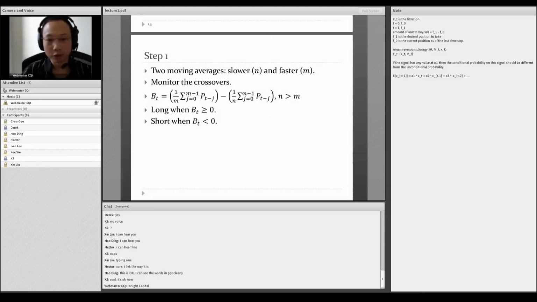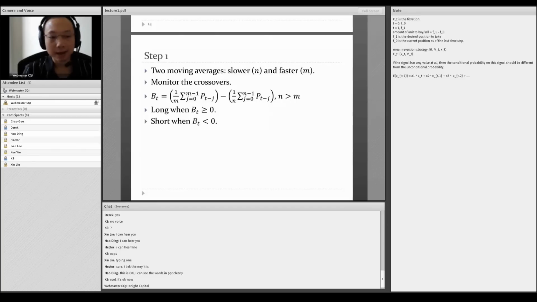Now, this expression is very important. It looks very simple, but it shows you an example of how to translate a very weak trading idea into a solid mathematical equation. Although this equation is just the difference between two moving averages, the meaning behind it is non-trivial.